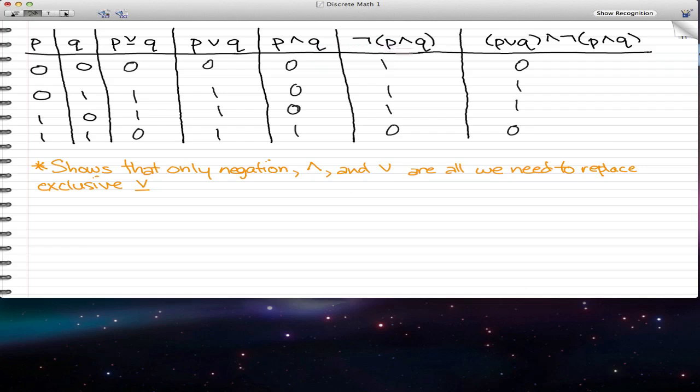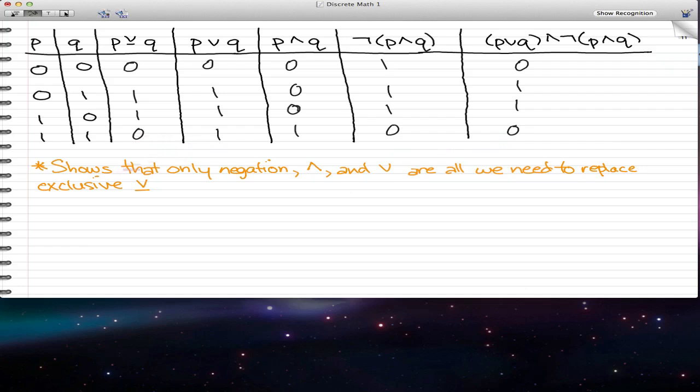Now if we negate P and Q, we just get the opposite of all the components of the truth value, so we get 1, 1, 1, 0. And if we do P or Q and the negation of P and Q, we get 0, 1, 1, 0. So what did this show us?